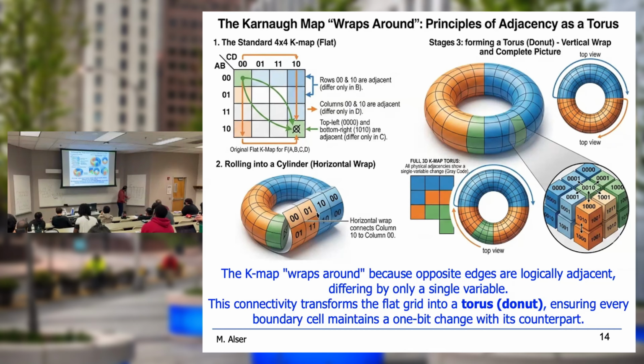Here to here, 1 bit change, but also going back, 0, 0 to 1, 0 is also a change of 1 bit. So when you visualize that, you'll see really the K-map is something like this, which is allowing you to go back and forth all the time. And this is extremely helpful in solving the K-map. We will see that now.